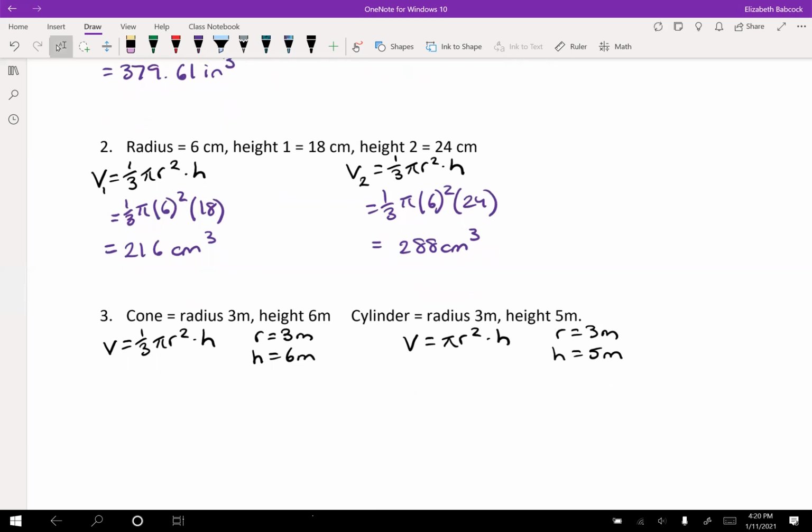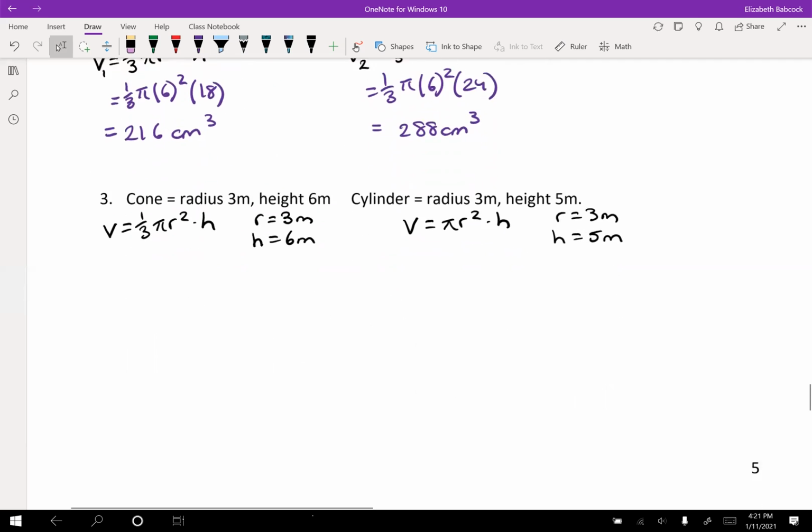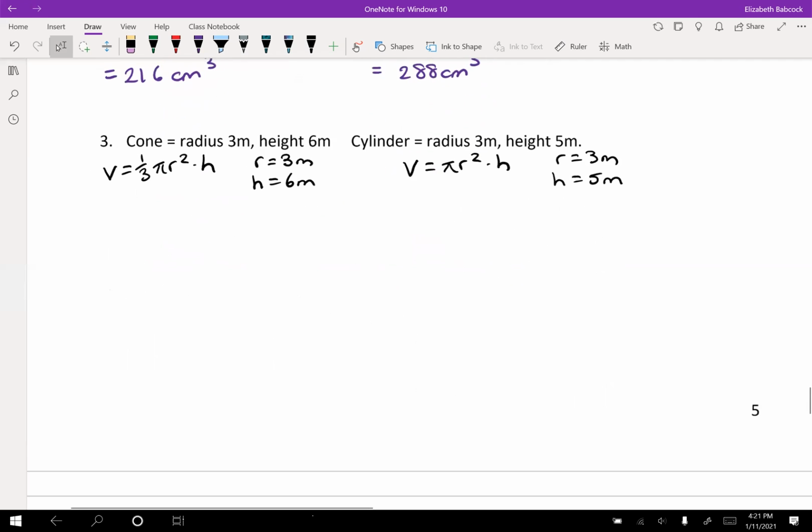There we go. So given that the one height is 6 centimeters taller, it makes a difference of quite a lot. The importance of accurate measuring.